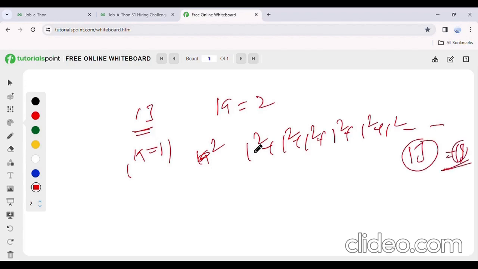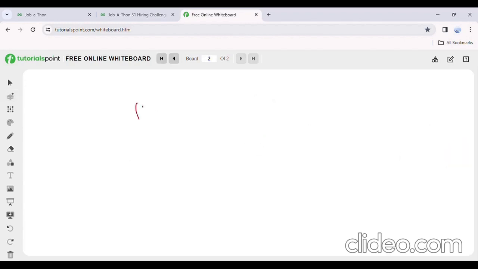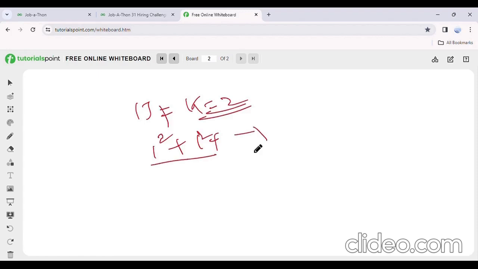And another thing, if he is given this number and k is equal to 2, we can write 1 square plus 1 square nine times, and then 2 square also. That is also one possible way, right?